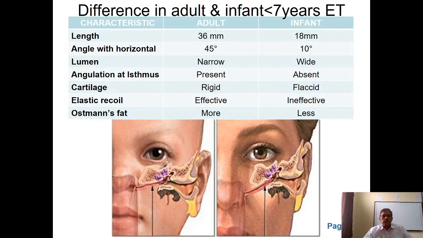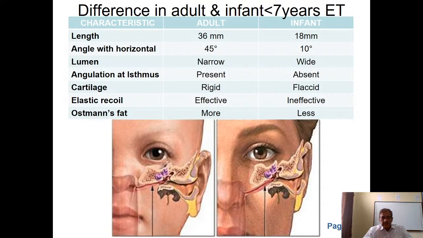So there are some factors which predispose to this infection occurring more commonly in children than in adults, because of the differences in the Eustachian tube in child as well as the adult.